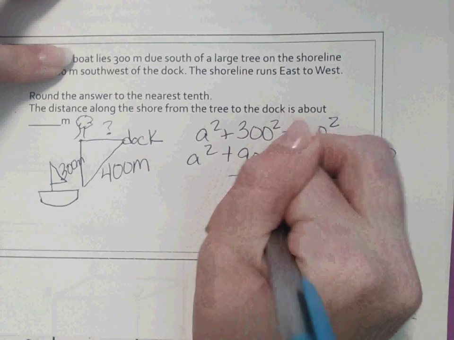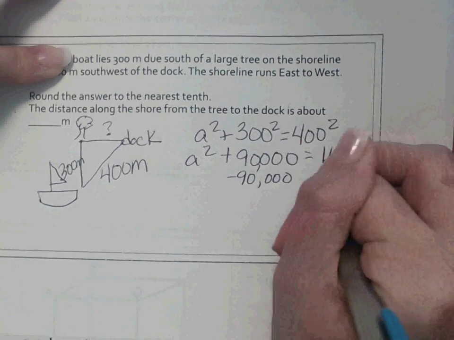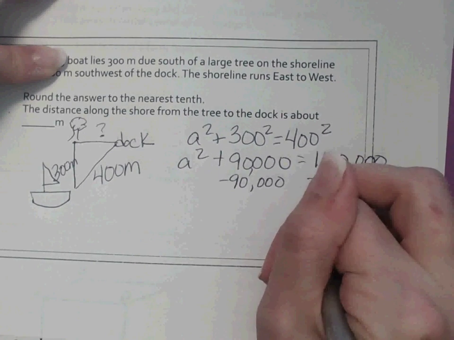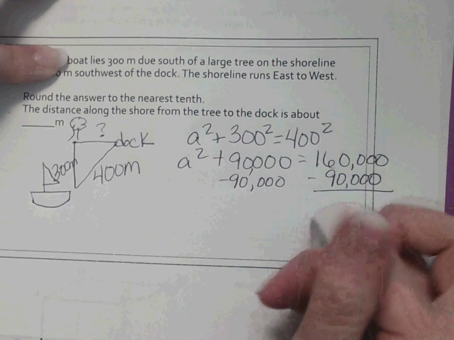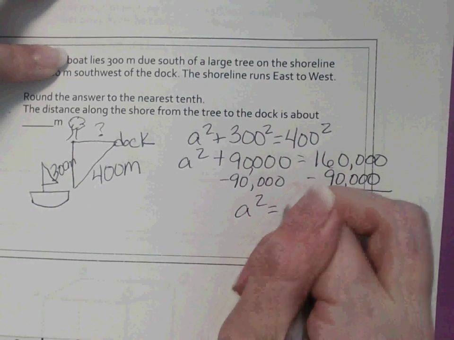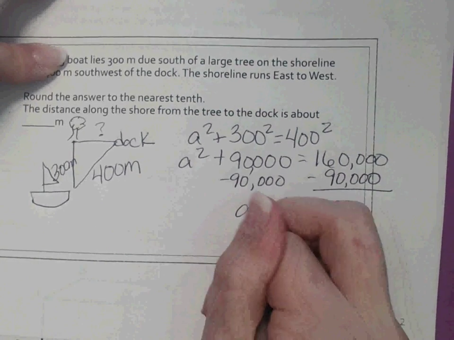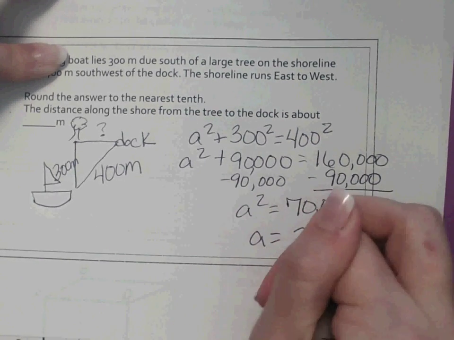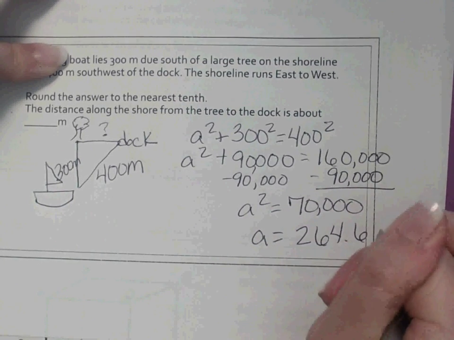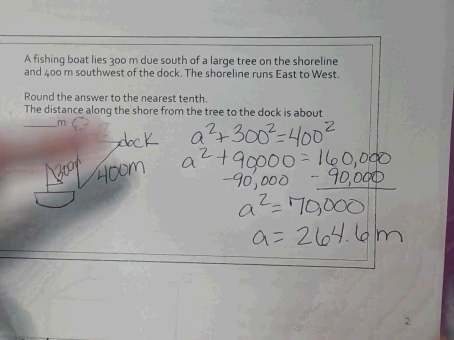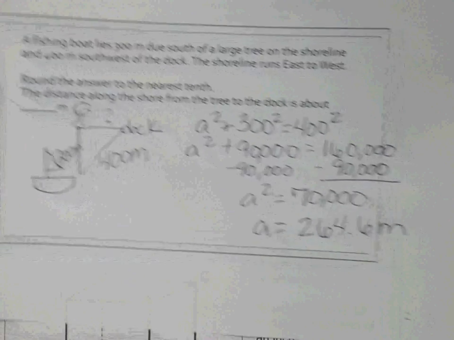I'm going to subtract 90,000, and I do get 70,000. Take the square root of that, and I get about 264.6, and these are meters. So the length of this is 264.6.